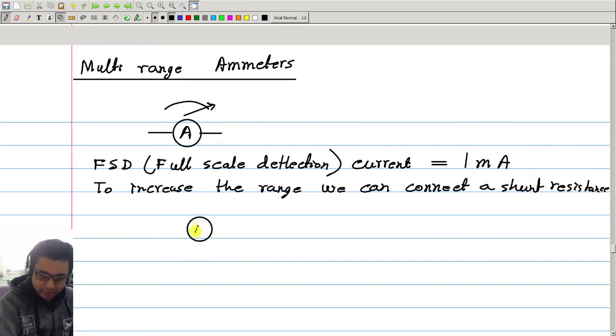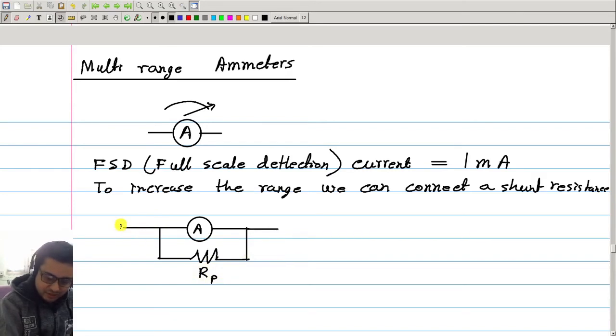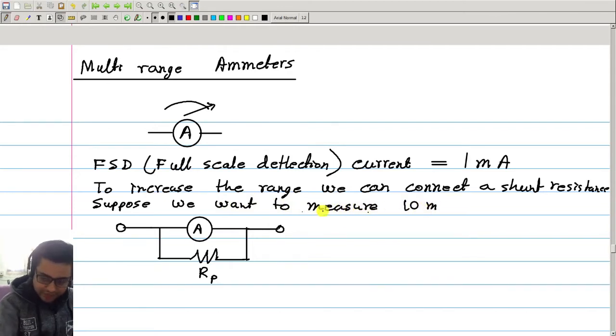If this is my meter, I will connect a parallel or shunt resistance, call it RP, P for parallel, so that, suppose we want to measure up to 10 milliampere, then when 10 milliampere current flows through this arrangement, this meter will give full scale deflection.